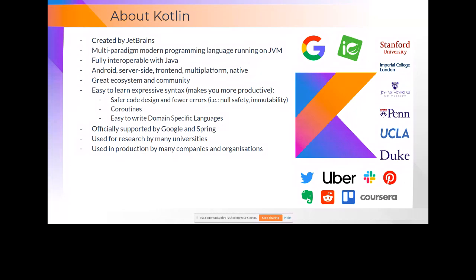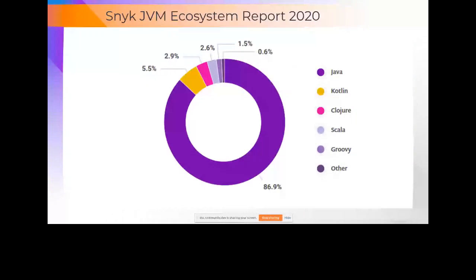In this JVM ecosystem report from 2020, you can find that Kotlin is now the second most popular programming language in the JVM ecosystem, after Java, of course, but Java started to stagnate or lose popularity slowly. This is mainly because the language evolves slowly. I just have to mention here that later we will see mainly Java 8 code.